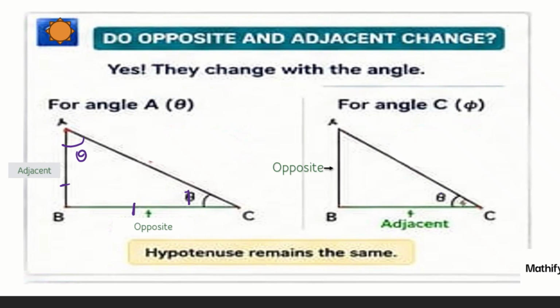But for angle C, that is phi, side AB is opposite and side BC is adjacent. And the main part is this: the hypotenuse will always remain the same, but with the change of angle, the adjacent side and the opposite side change according to the angle.